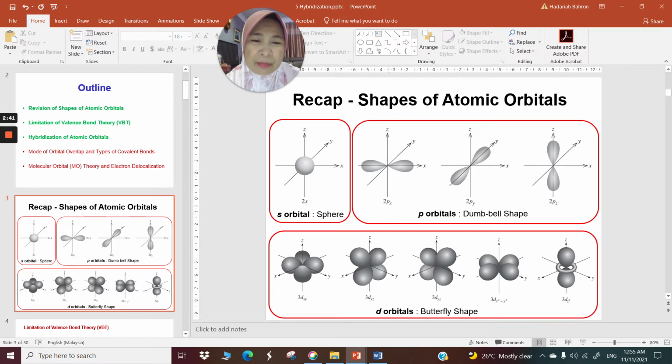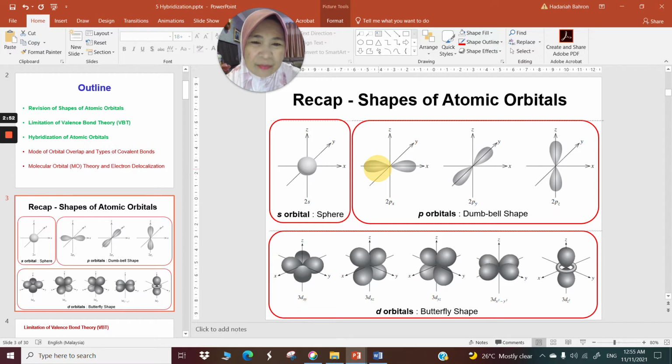So you have px, py, and pz, where the lobes of the px dumbbell are lying on the x-axis. And then you have your py, where the lobes of the dumbbell are lying on the y-axis, and similarly the pz, you have the lobes lying on the z-axis.